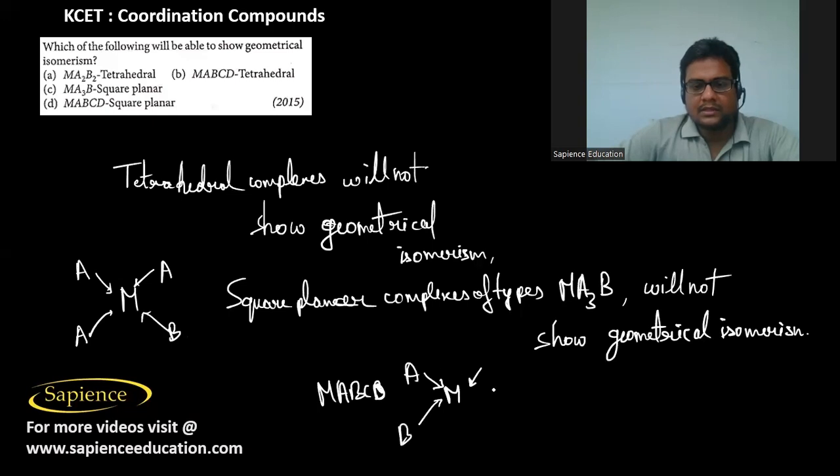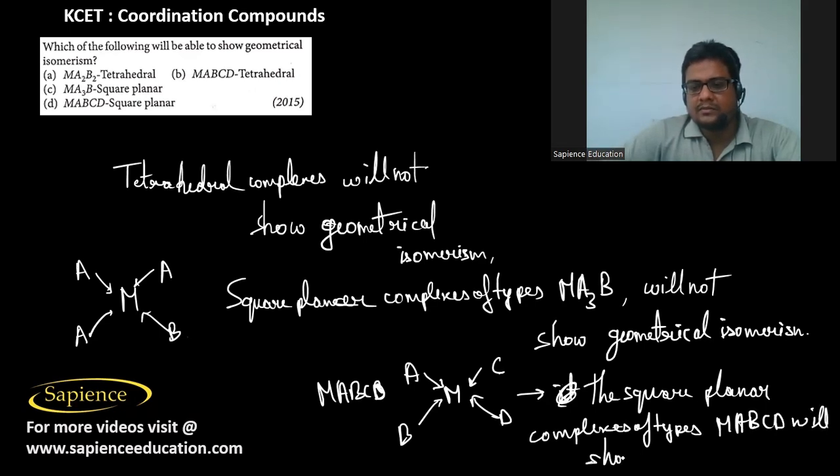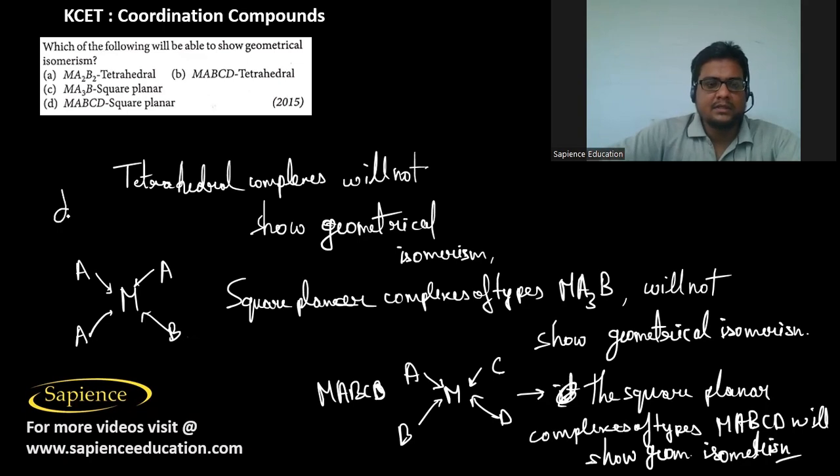All four ligands are different, so hence it will show geometrical isomerism. So hence square planar complexes of type MABCD will show geometrical isomerism. So option D is the correct answer.